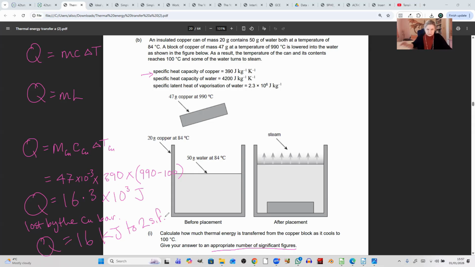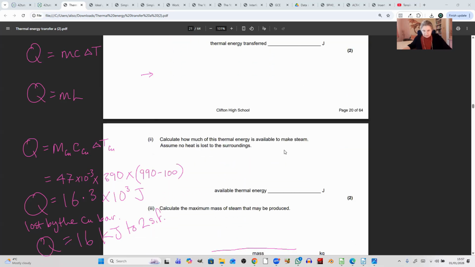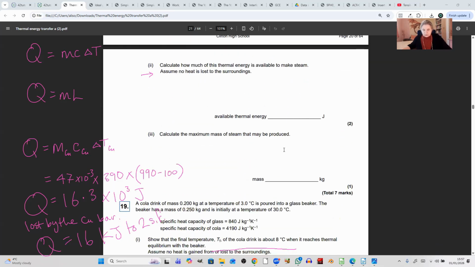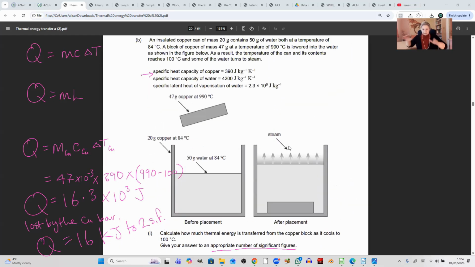Right, okay, so we've done part I. Then let's zip up a minute. What's part II? It says calculate how much of this thermal energy is available to make steam. So now we've got to think about what's going on. When heat is lost by the copper, what does that copper bar provide heat for?